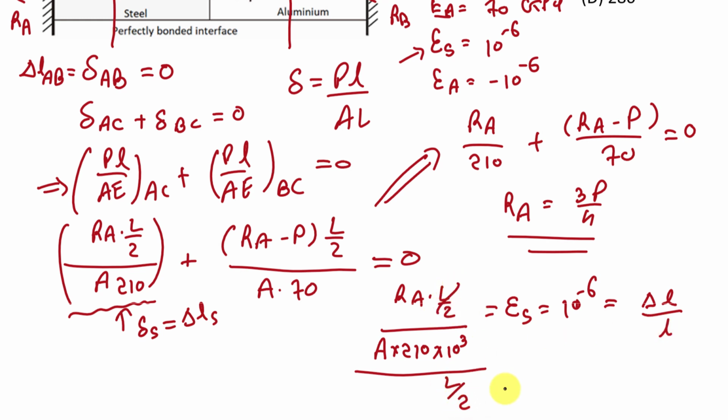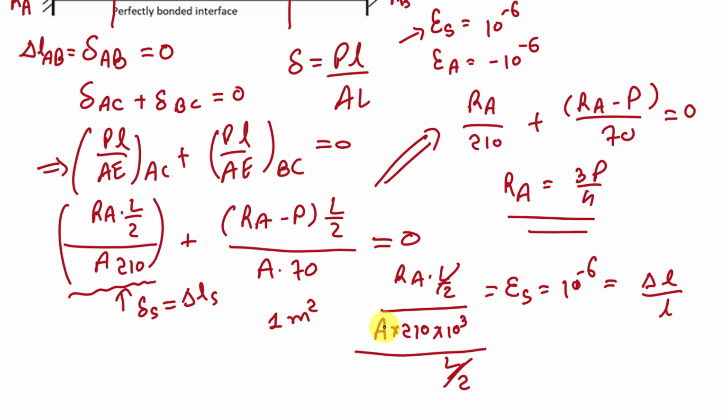So from here this L by 2 is cancelled, and the area is given as 1 meter square. Here we have to put this area in mm square, so it will be 10 raised to 6 mm square. So you have to put 10 raised to 6 instead of area. And from this expression you can find the value of RA, right?